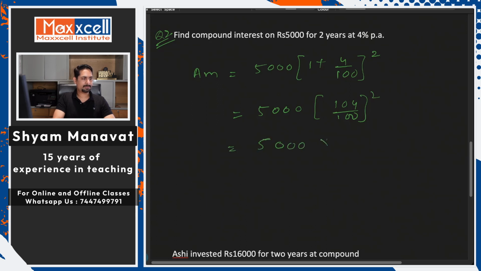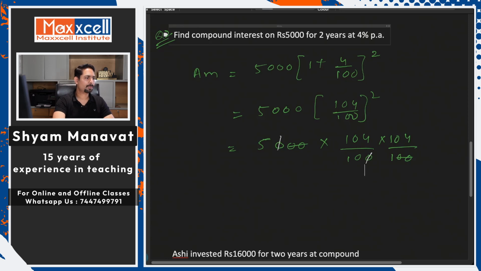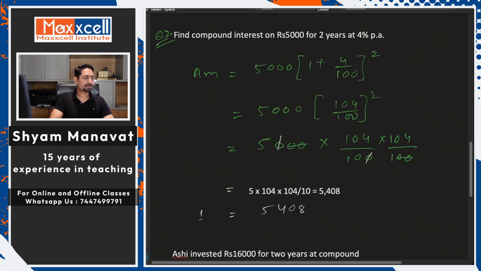Same thing here: 104 into 104 by 100 by 100. Simplify, cancel the zeros. Now what do you have? You got 5 into 104 into 104 by 10. That will get you 5408. What is this? This is the amount.